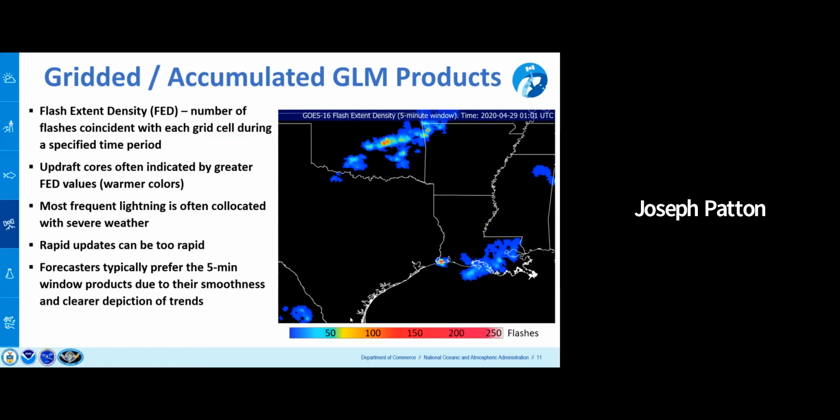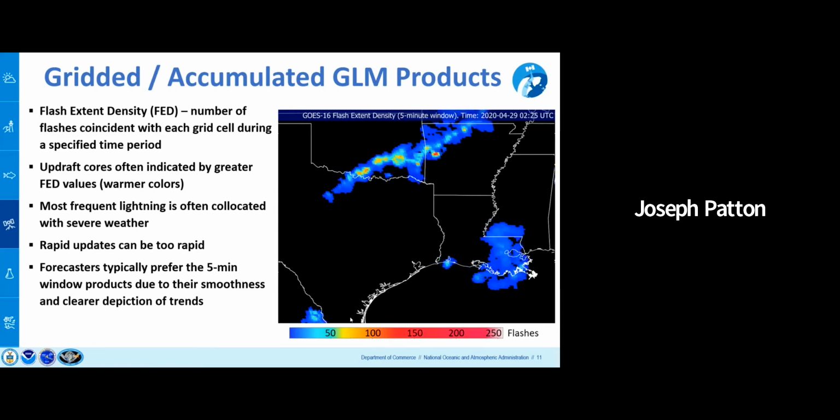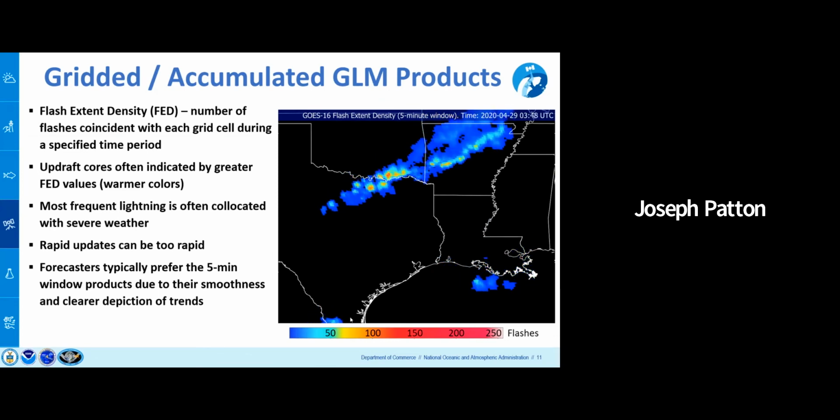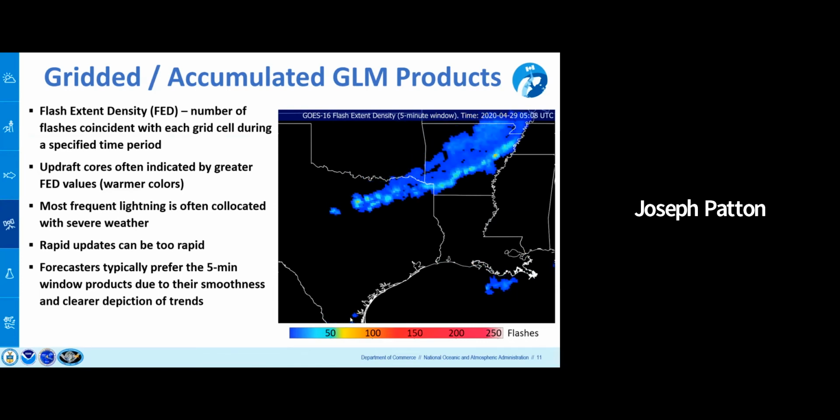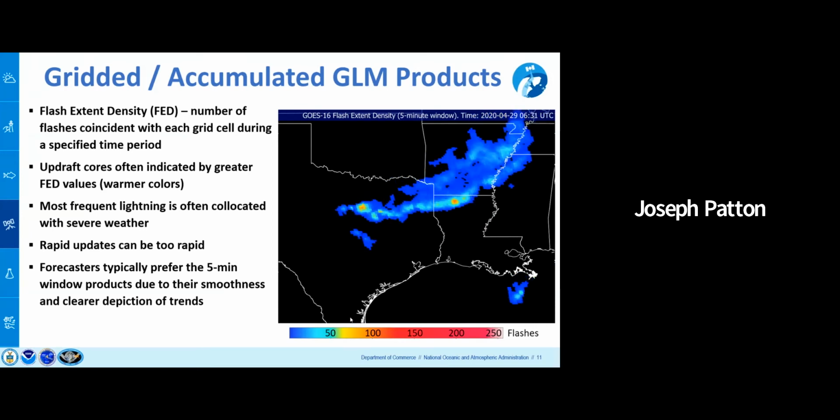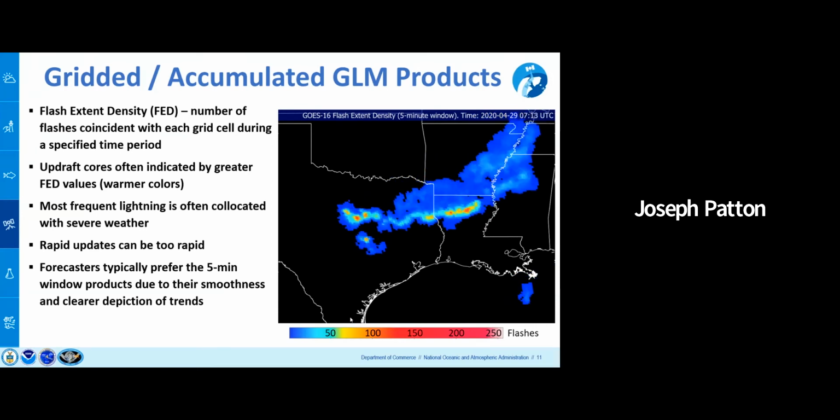So one of the main GLM products is flash extent density, or FED. And flash extent density is essentially just a number of how many flashes are occurring or coincident within each grid cell during a specified time period. So in this imagery on the right, we have a 5-minute window.